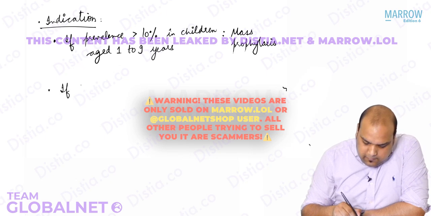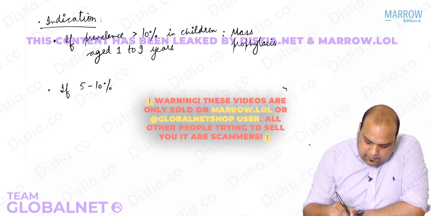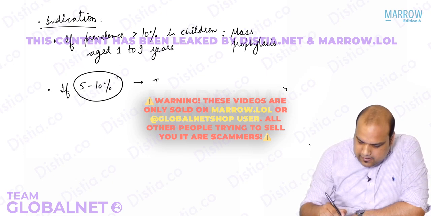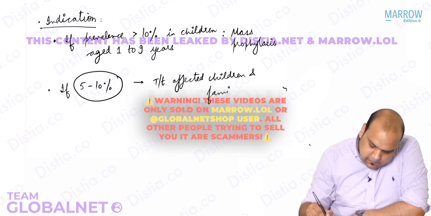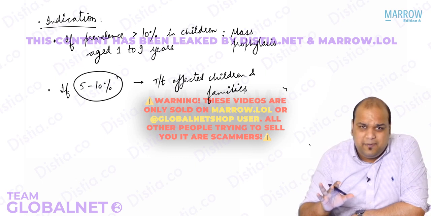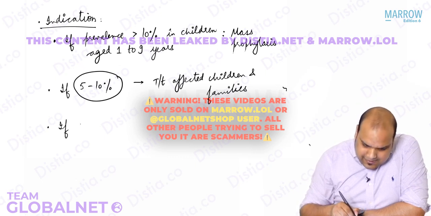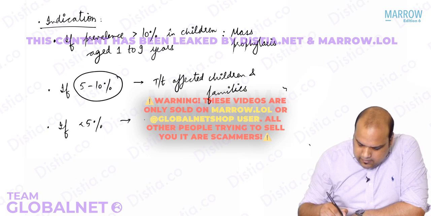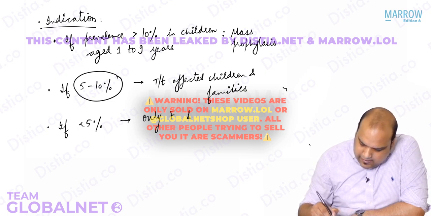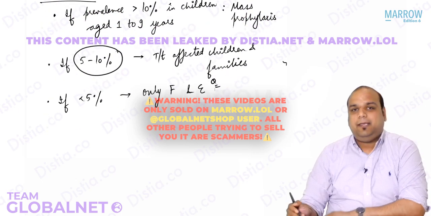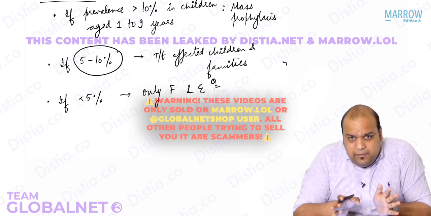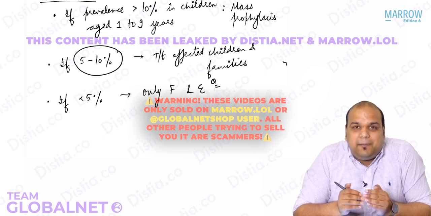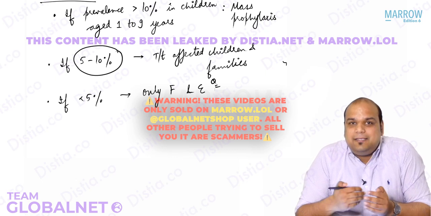Secondly, if it is between 5 to 10% prevalence, then we say treat affected children and families. Then you don't need to do a mass prophylaxis. And lastly, if it is less than 5%, then only F and E should take care of it. That is facial cleanliness and environmental hygiene. Done? There should be no confusion about this. I hope I am absolutely clear about the treatment and how it is instituted.